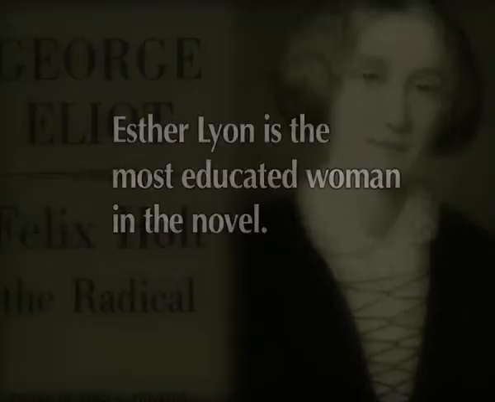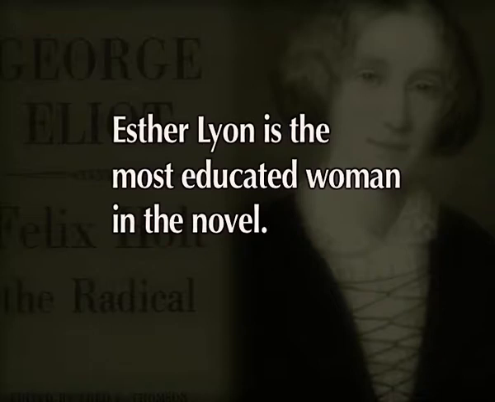She has no influence over Harold's activities and towards the end is disgraced as her extramarital affair with Matthew Jermyn is revealed. Esther is the most educated woman in the novel.